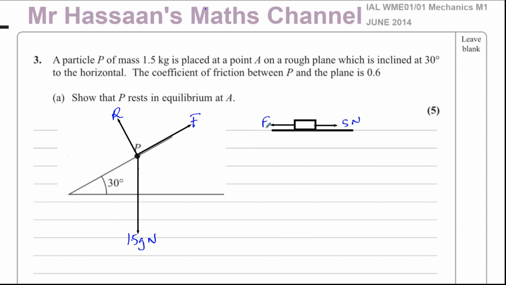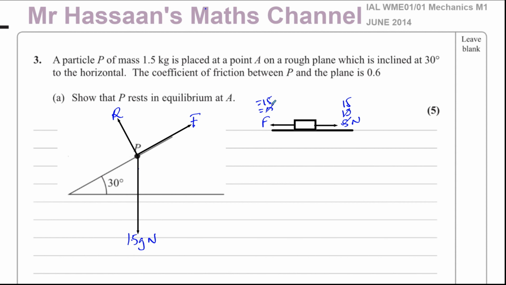If the frictional force can reach a value of 5 newtons, it will equal 5 newtons. If this becomes 10 newtons, then this will become 10 newtons. If this becomes 15 newtons, then this will become 15 newtons. It just does enough to match the force that's trying to pull the object along. That's what friction does.